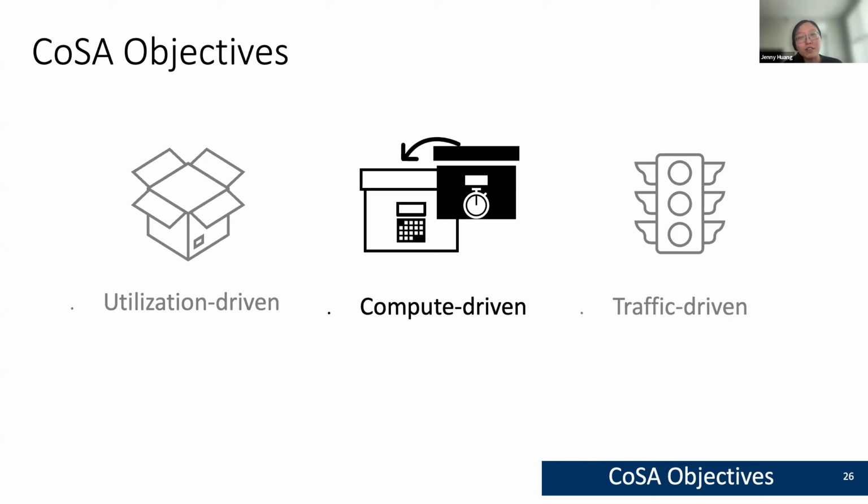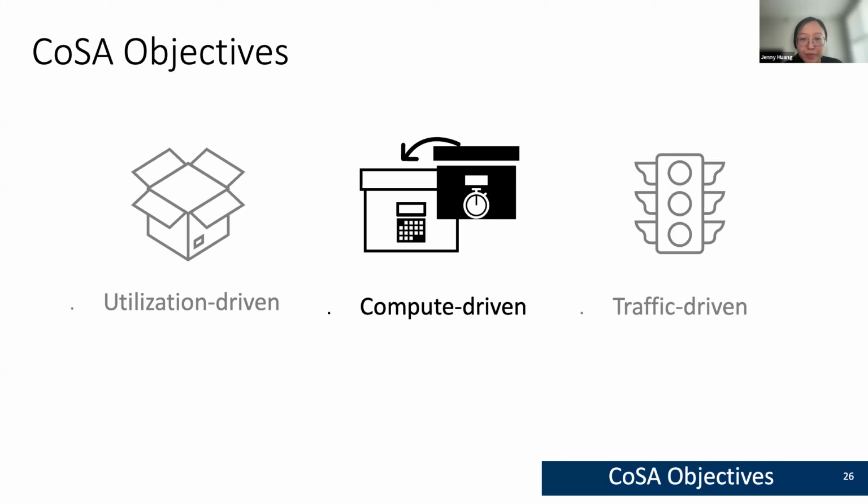The second objective we use in this work is to minimize the compute cycles by maximizing the factors mapped for temporal execution. So by minimizing the factor for temporal execution and maximizing the factor for spatial execution, we have more elements to run in parallel to shorten the compute time.